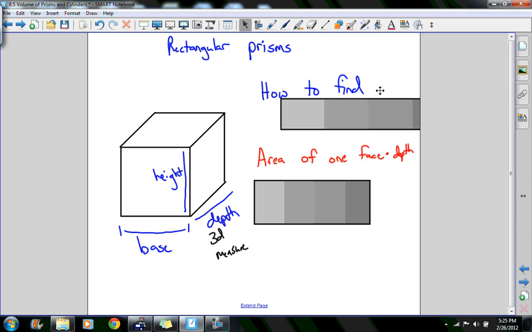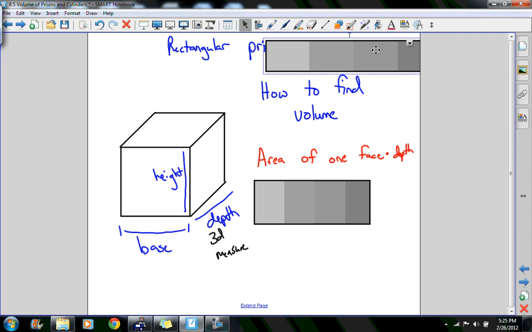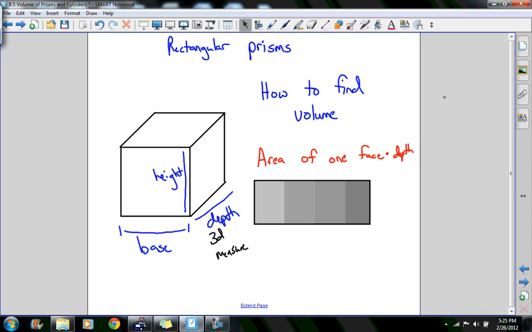Well, the way to figure out the volume is pretty simple. It's going to be the area of one face times the depth. So the easiest way here is to find the area of this front face, which is a rectangle with an area of base times height, times the depth in the back.